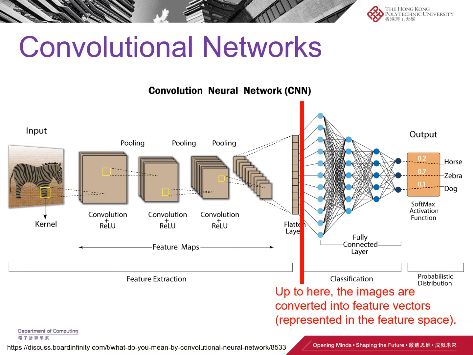In the framework, you can see that from here up to here, the red line, the image has already been converted into feature vectors. Recall what we introduced previously: as long as we can convert images into feature vectors, they will span a feature space in which you can conduct image retrieval by comparing the similarity or distance between the query and the target images.